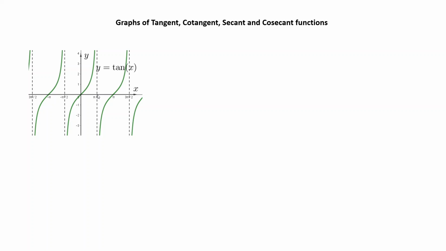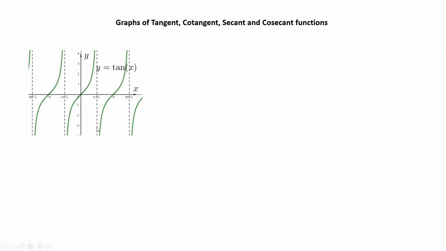Let me repeat that. We say a graph has a vertical asymptote at x equals a if to the left or to the right of that x equals a, the graph approaches either positive infinity, like it is in this case, or negative infinity.